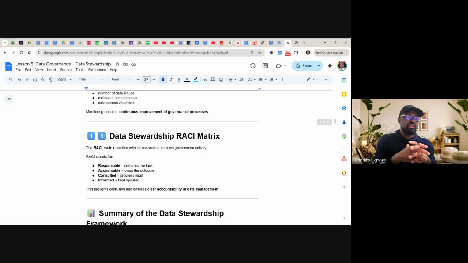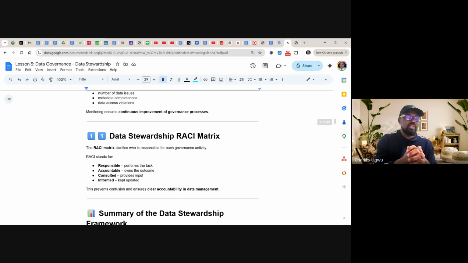A RACI matrix clarifies who is responsible for each governance activity. After designing everything, don't forget to have a RACI matrix, so we see no finger pointing. Everybody is documented on what everybody does. You know what you are here to do.